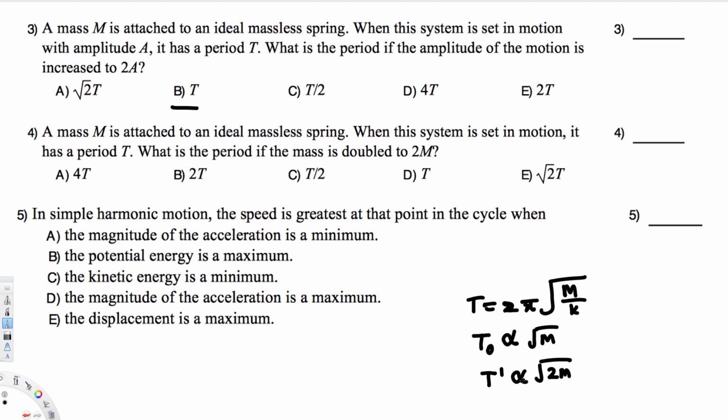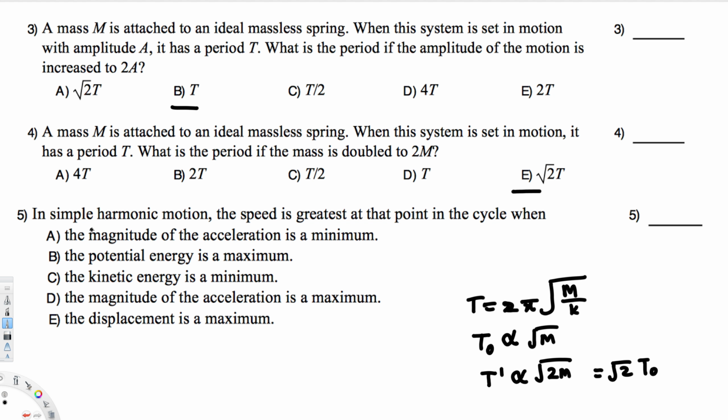And if I want to write this in terms of the initial period, we can write it as square root of 2 times T naught, because we know that T naught is root m and T prime is square root of 2m, so this is equivalent to square root of 2 T naught. So this is going to be the relationship. Now from this one we know the answer is going to be E.